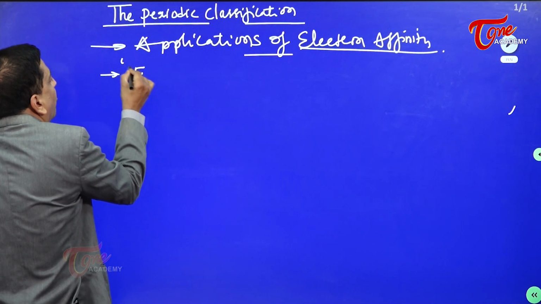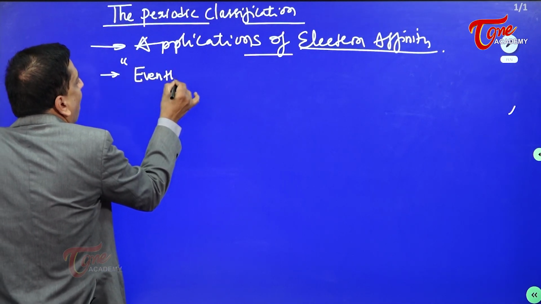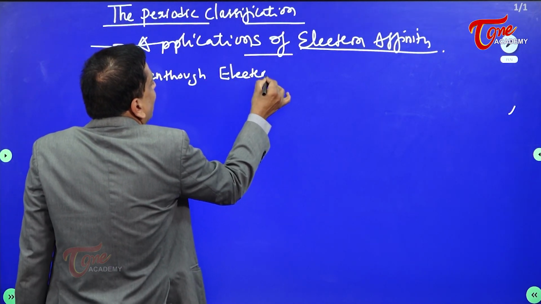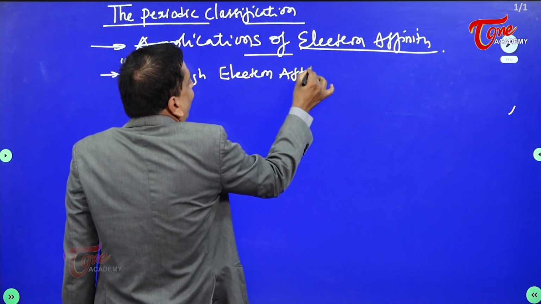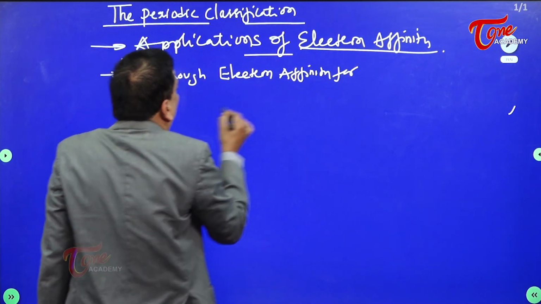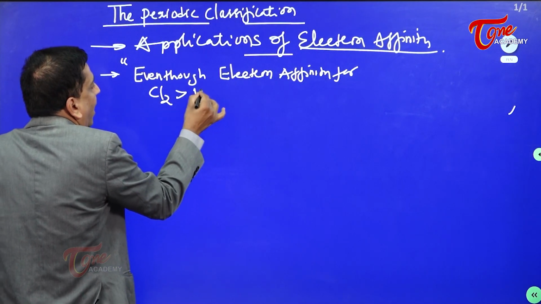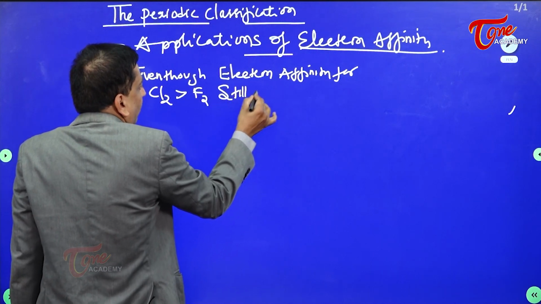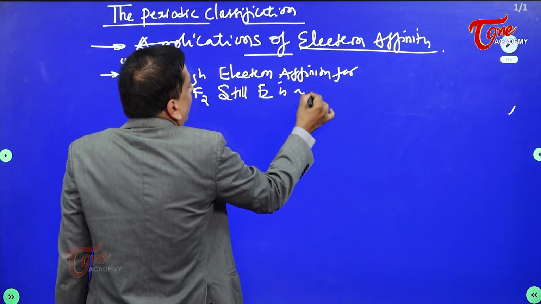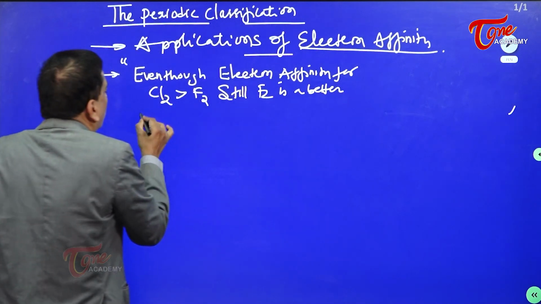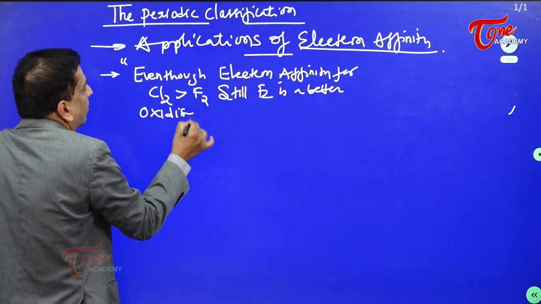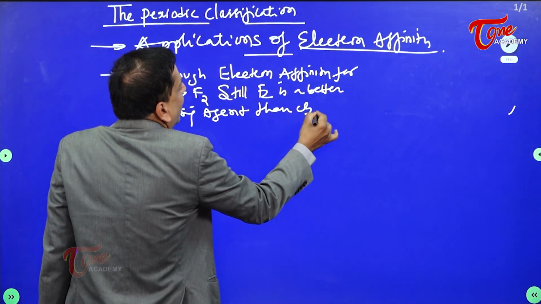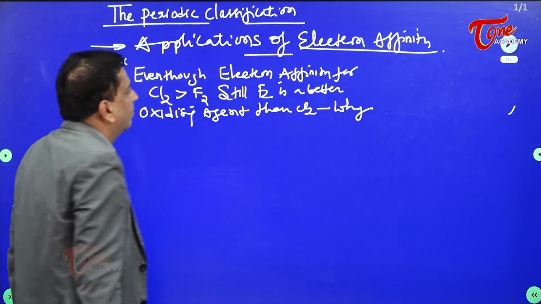Even though, I put it in inverted commas, even though electron affinity for chlorine is greater than fluorine, still fluorine is a better oxidizing agent than chlorine. We need to answer why.